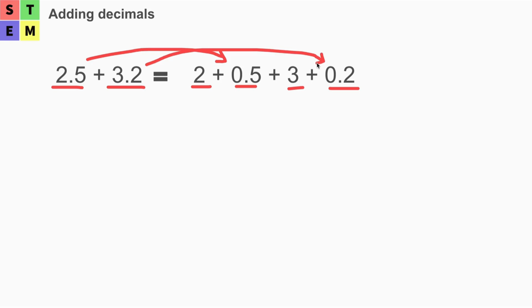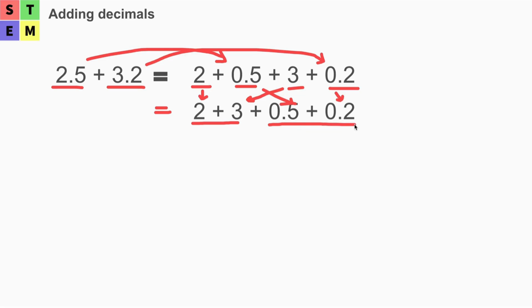And next we're going to switch them, all right? So we keep 2 here, we move 3 here, we move 0.5 here, and the 0.2 stays there. So now you can see that we got 2 plus 3 here and 0.5 plus 0.2 here, right?